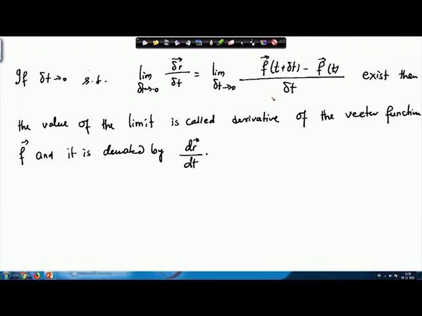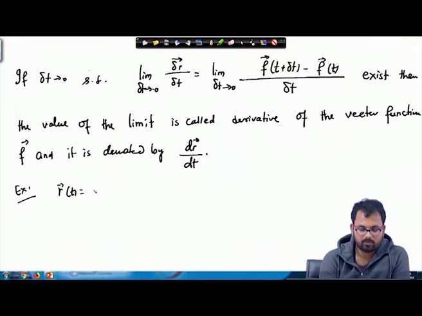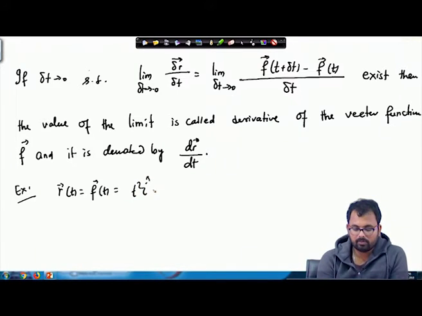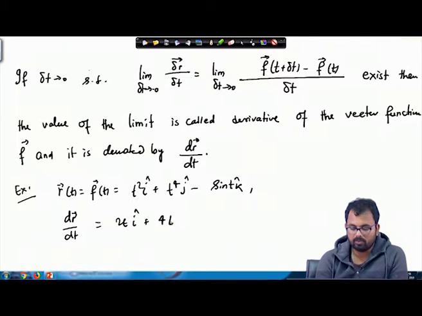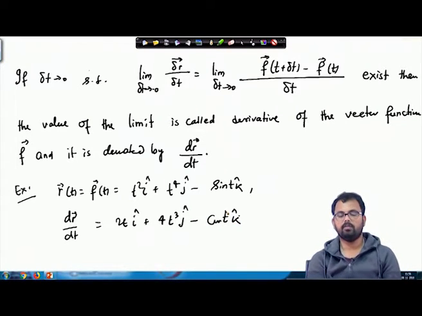For example, if we have a function, let us say r equals t square i plus t to the power 4 j minus sin t k, then its derivative dr dt will be 2t i plus 4t to the power 3 j minus cos t k. So, we basically differentiate every component.